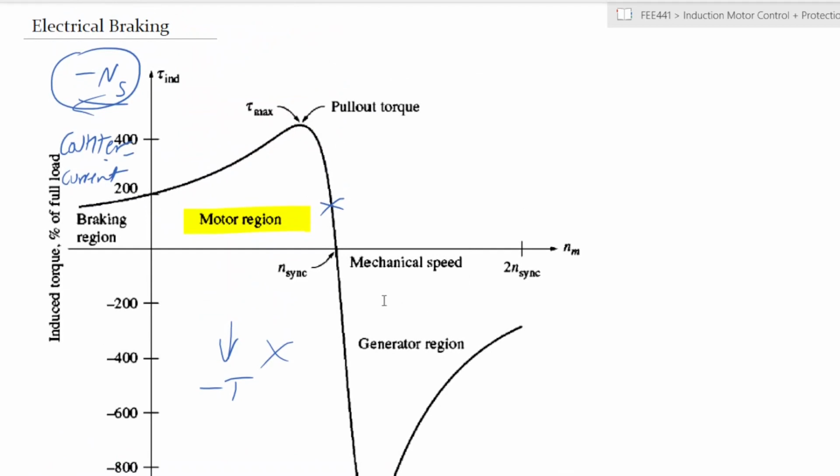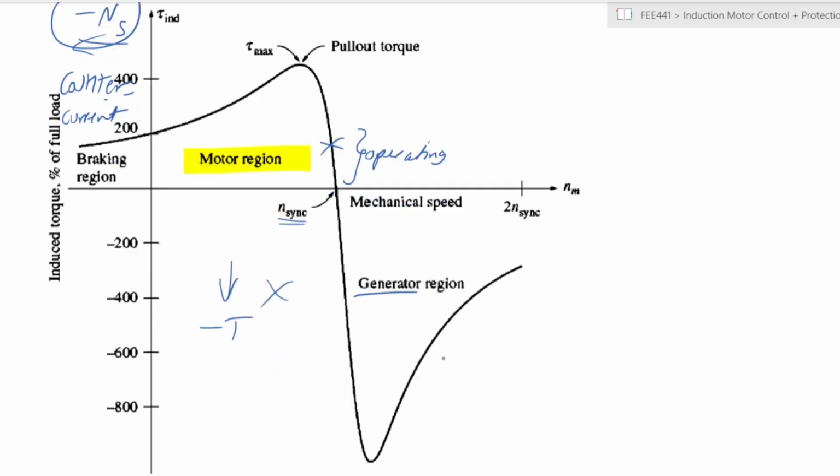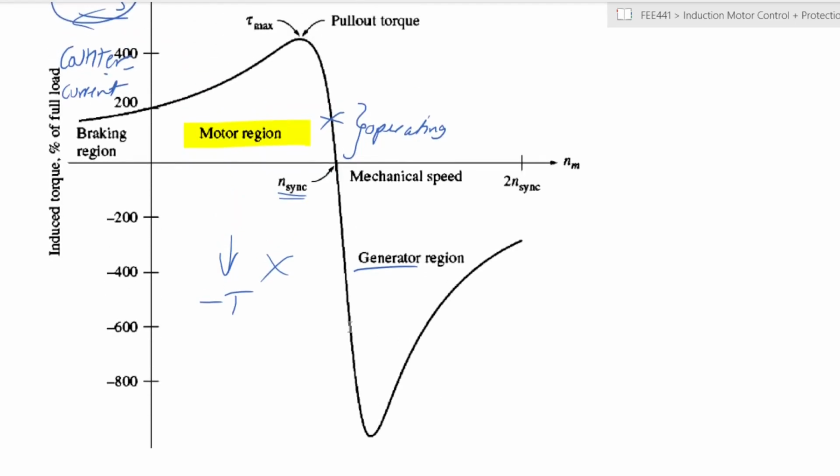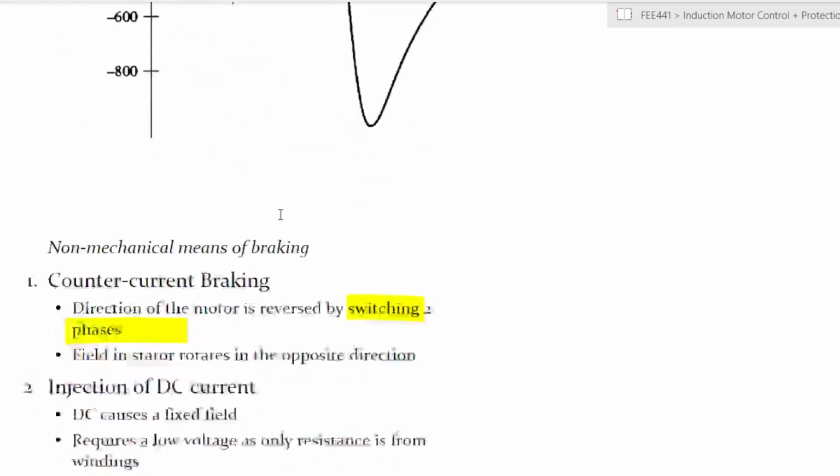Whereas the normal operating region would have a positive speed near the synchronous speed of the machine, in the over-synchronous mode the motor is operated as if it is a generator. That is, the speed is greater than the speed of the rotating magnetic field. It is greater than synchronous speed.